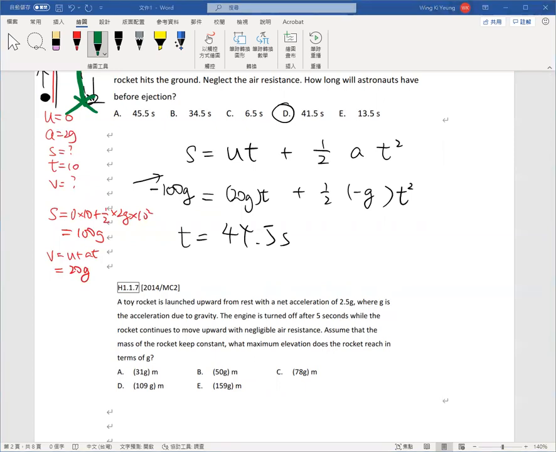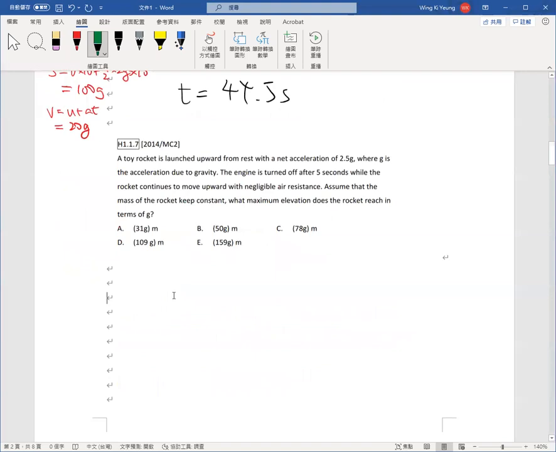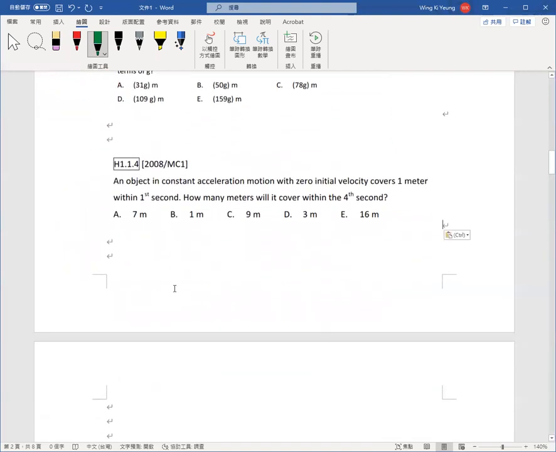This one, constant acceleration with zero initial speed. What does it mean by first second? The first second means the time interval from 0 to 1. Fourth second means from 3 seconds to 4.